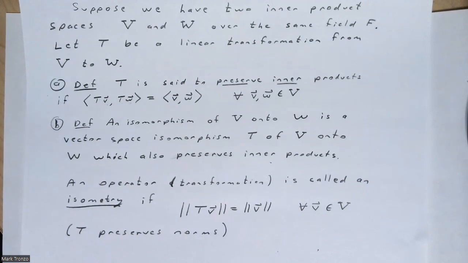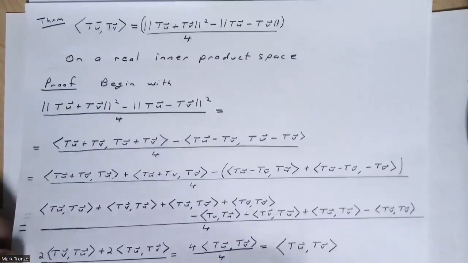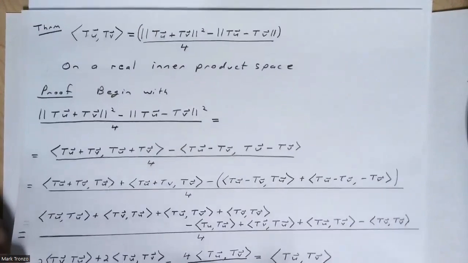In fact, let's go right to a theorem. Before we do this theorem, I'm going to need a relationship, and you may be familiar with it, so I don't want to spend a lot of time proving it. Let me just show it to you, and then we're going to use it in a minute.